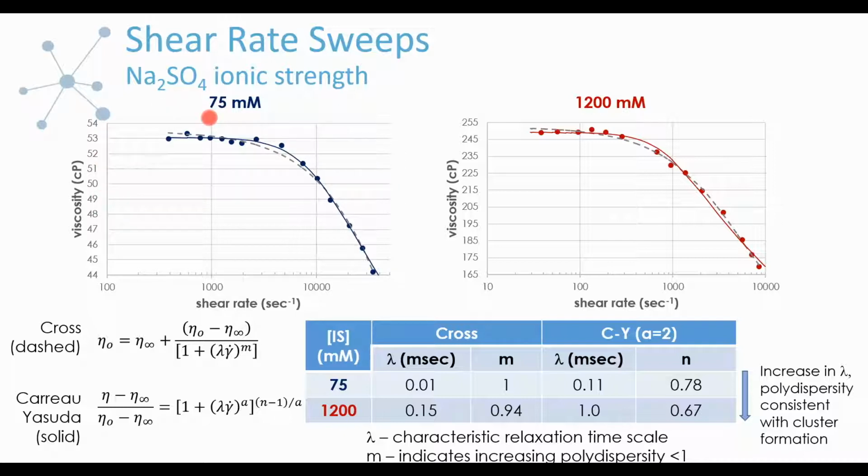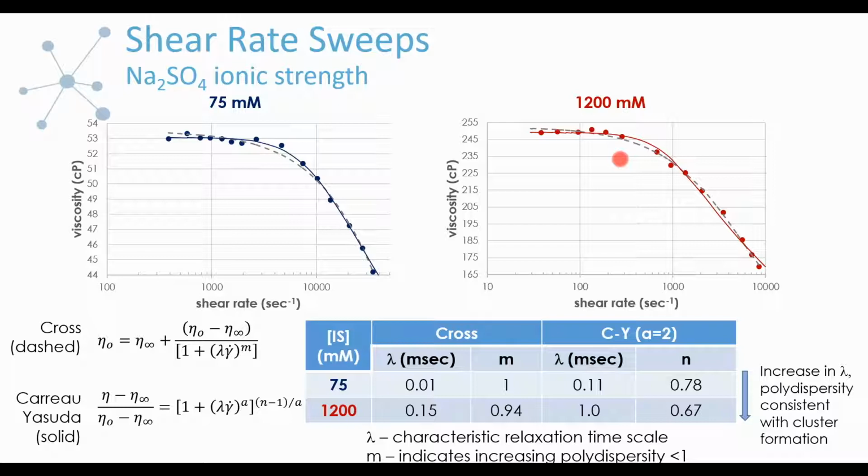If we look at the 75 millimolar and visually at where the onset of shear thinning starts to happen, it's somewhere around maybe 300 inverse seconds or so, which is quite different than the onset of shear thinning for the higher salt content, which is going to be somewhere around 300 reciprocal seconds. So there's an order of magnitude difference in the onset of shear thinning, the critical shear rate.